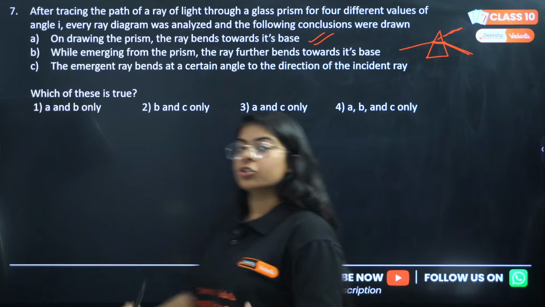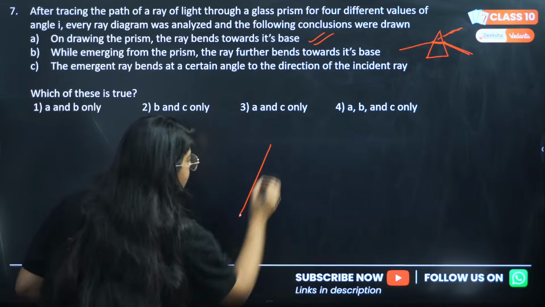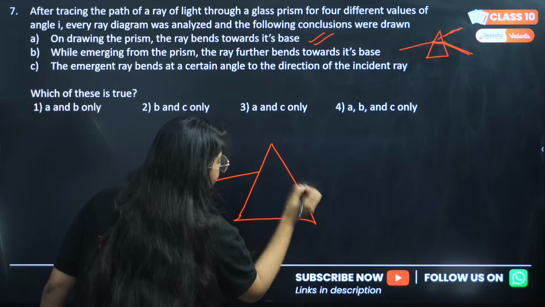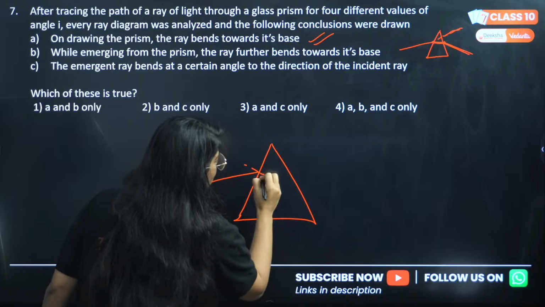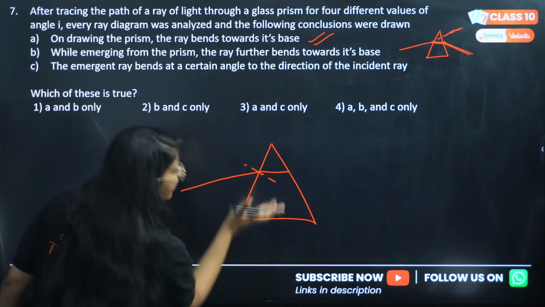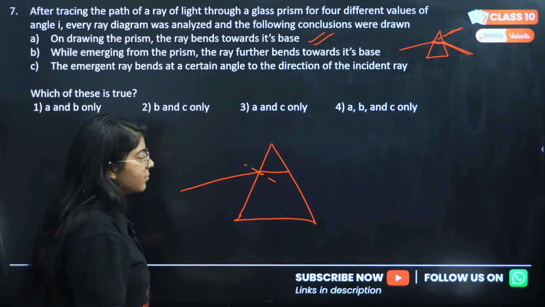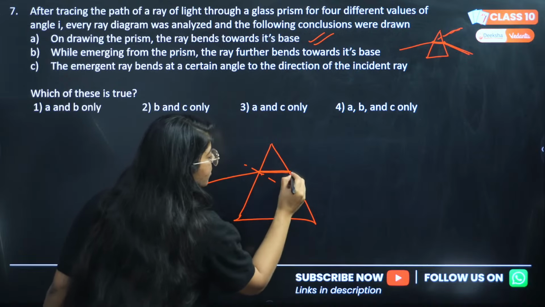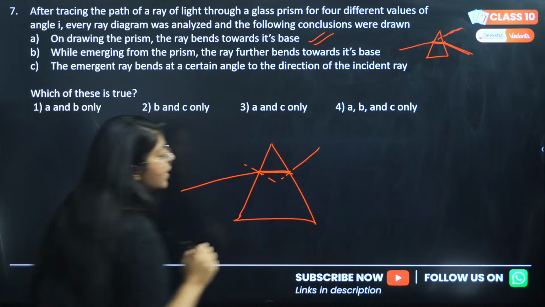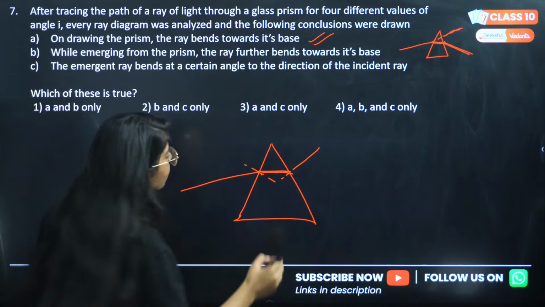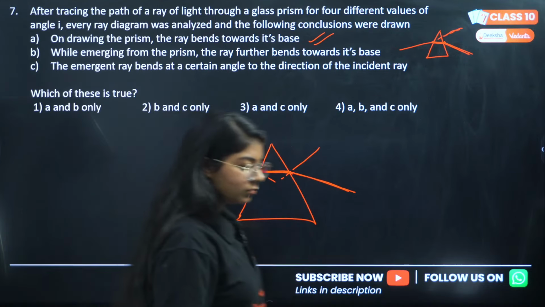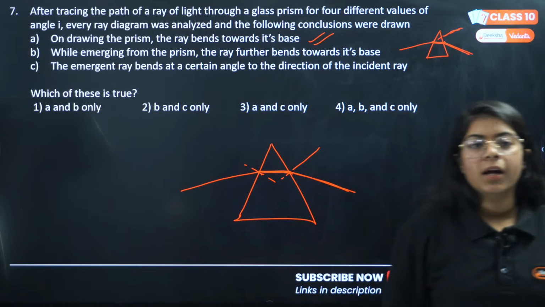Which of these statements is correct? Okay, let's just draw a prism. This is my prism, and this is a ray coming. When it enters the prism, this is the normal, so it bends towards the normal. Instead of going straight, it's bending towards the base. Then when it's coming out of the prism, it goes away from the normal.